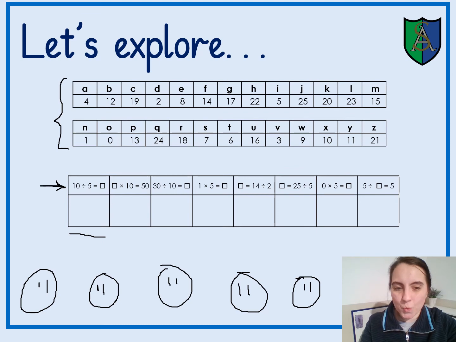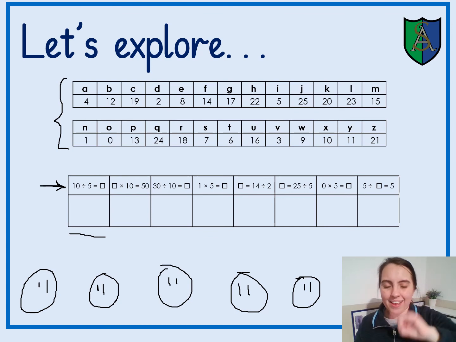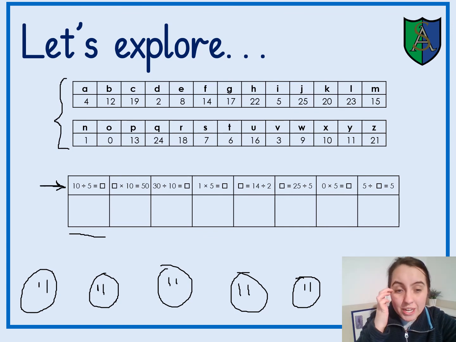Okay, so we know that the answer is, how many are there in one of those groups? 2. Fabulous. Or we could have used our counting in 5s until we got to 10 to help us find the answer. Let's do that now. 5, 10. The answer is still 2. So we know that 10 divided by 5 is equal to 2.